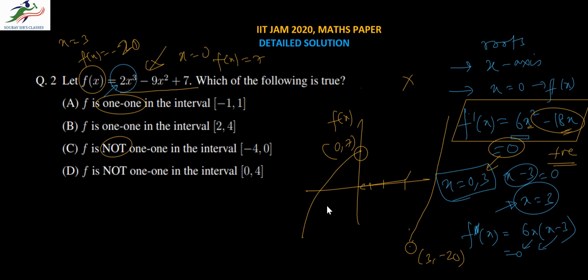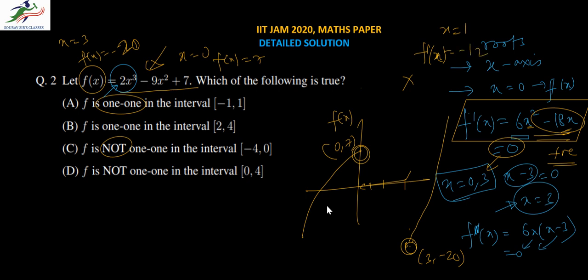And as we can see from f dash x, it takes the value of 0 between these 2 points, and therefore if I take any point in between, let's say I take x equal to 1, then f dash x will be equal to 6 minus 18, which is minus 12.